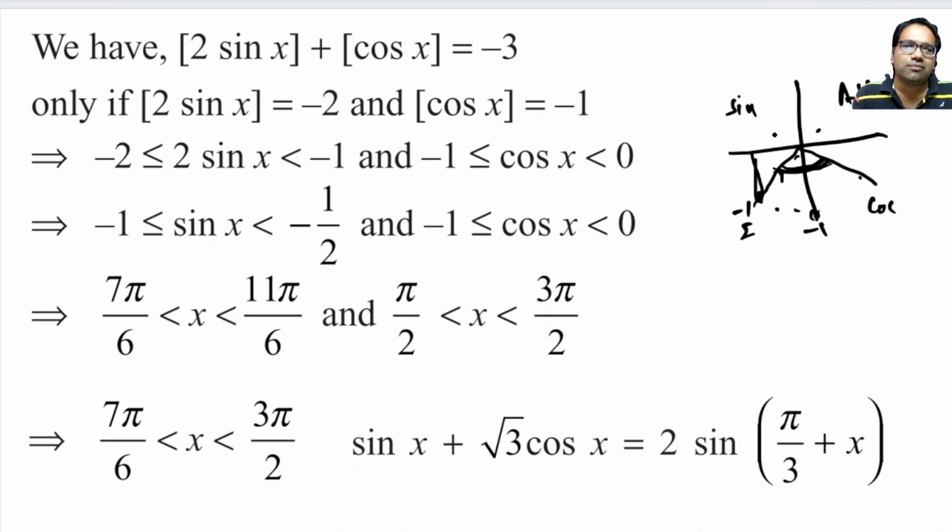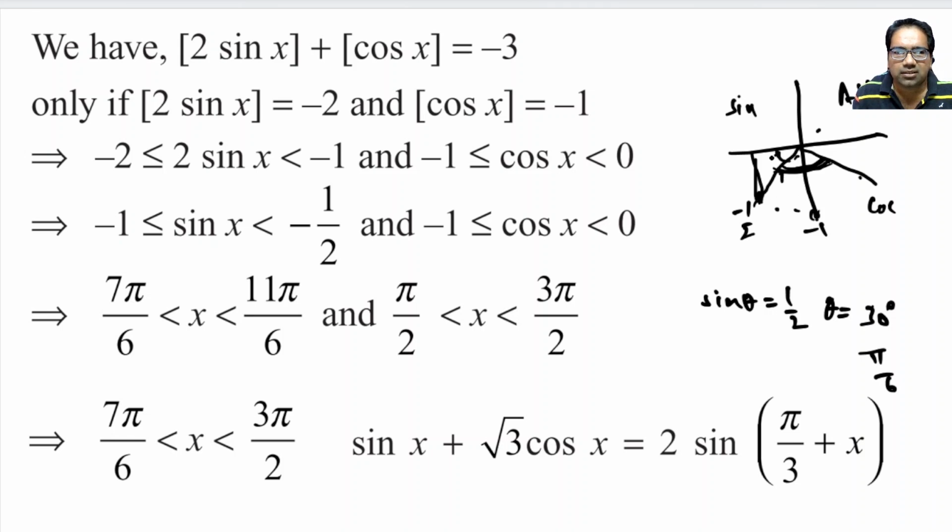Okay. So now when is sine theta equal to half? Sine theta is half when theta is 30 degrees or pi by 6. Right. So if this has to be minus, what does that mean?